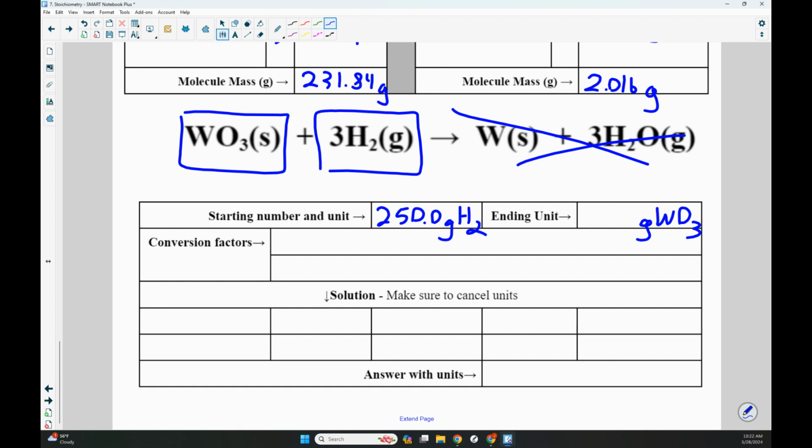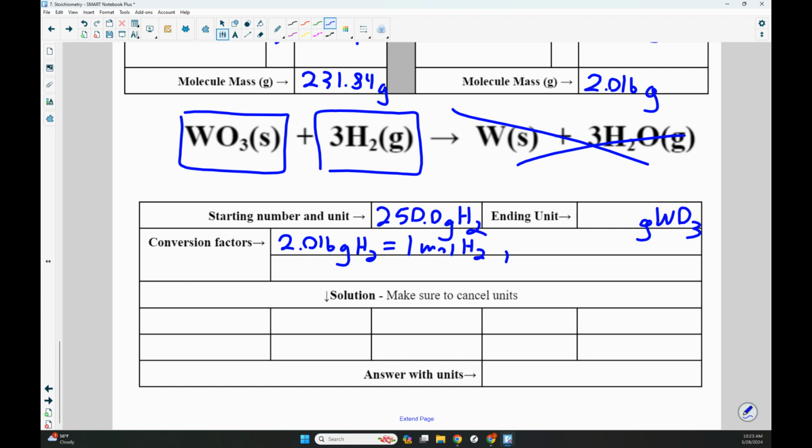So going in order, step one is to convert from grams of hydrogen to moles of hydrogen. The relationship we're going to need is 2.016 grams of hydrogen is equal to 1 mole of hydrogen. So that's our first conversion factor.